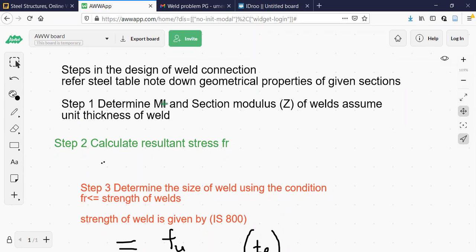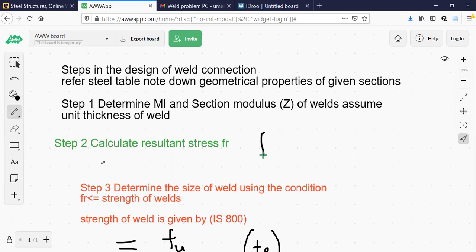Step number 1 is determination of moment of inertia and section modulus of weld lines. In whatever pattern they are arranged, for that pattern we should be able to find the moment of inertia and section modulus. Then calculate the resultant stress Fr. Now what is this Fr? I will write it here.